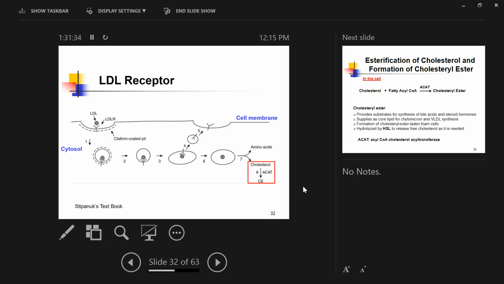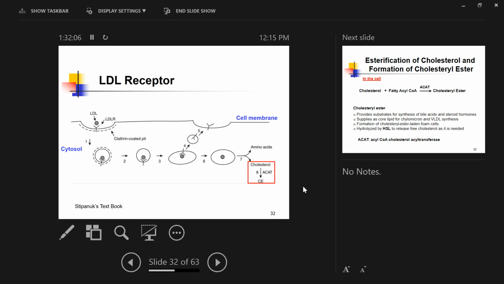The lipids and apoproteins are eventually digested inside the cells. Protein is digested into amino acids, and lipids, particularly cholesterol, are released from the LDL as free cholesterol.